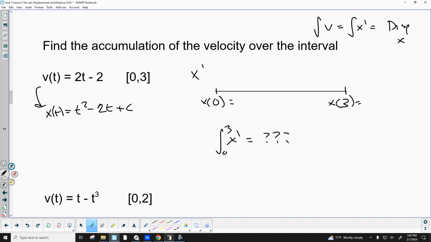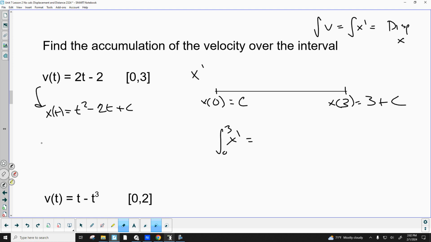Now, if I plugged in 0, I get c. If I plugged in 3, I get 3 plus c. Answer the question, what's the accumulation of your derivative? What is the displacement over the interval? What's the answer?